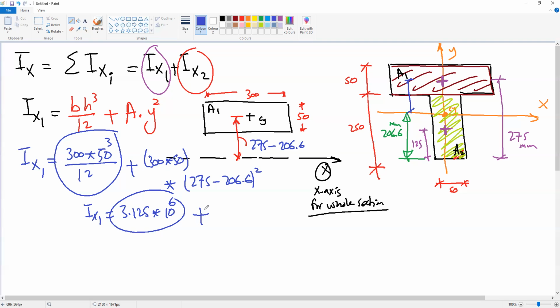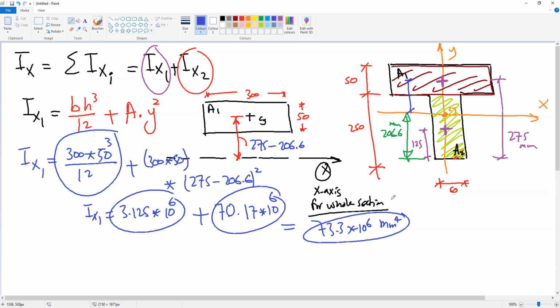This will be 70.17 times 10 to the power 6. So Ix1 in total will be 23.3 times 10 to the power 6 millimeter to the power 4.